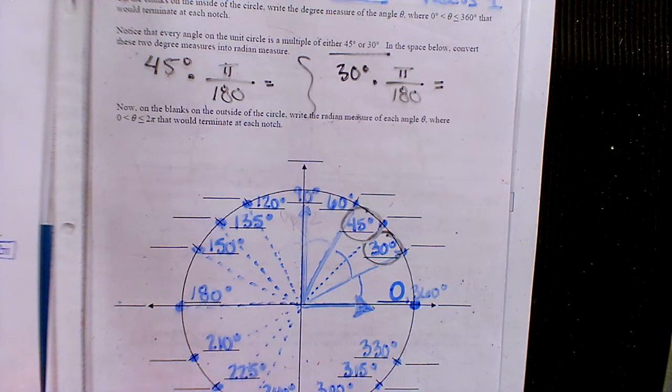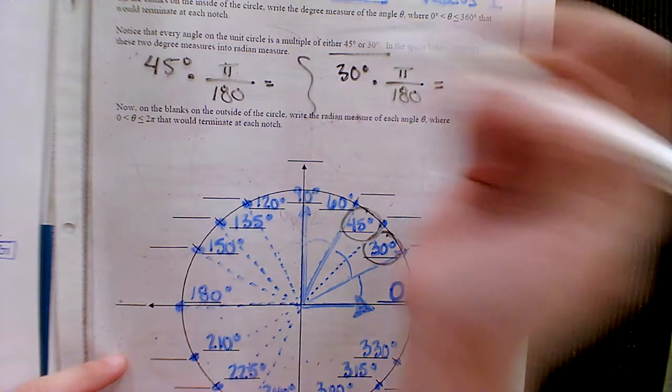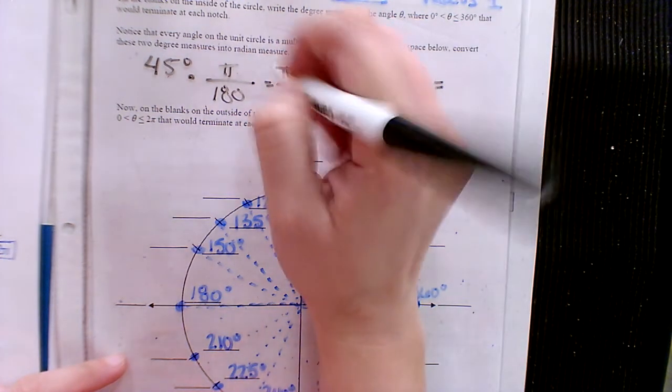Or what is 30 degrees the same as in radians? Did you get it, Emily? Go ahead. Pi over 4. Good. Okay.